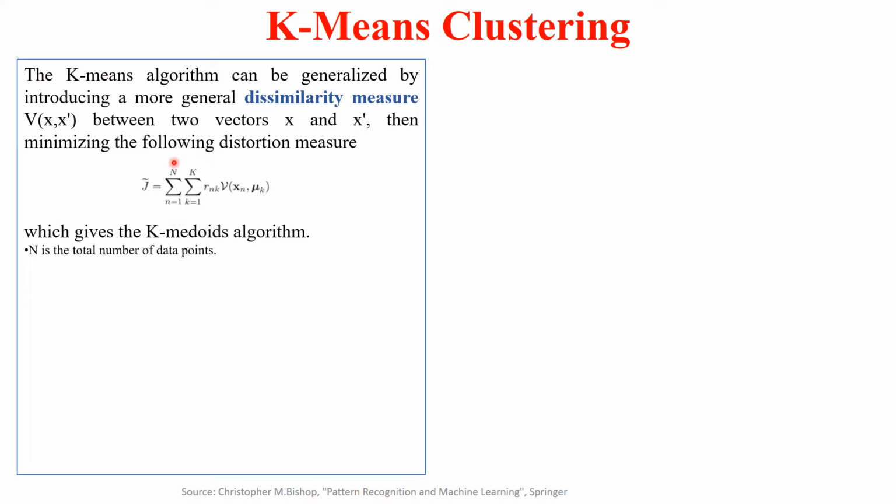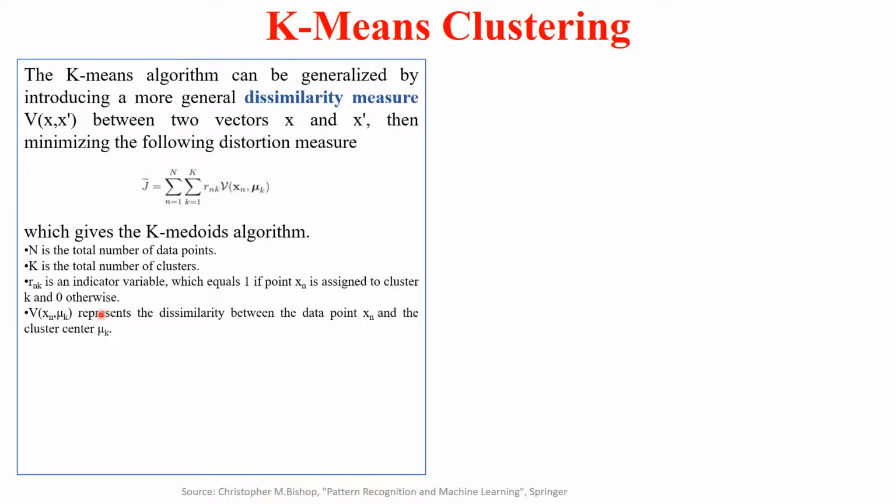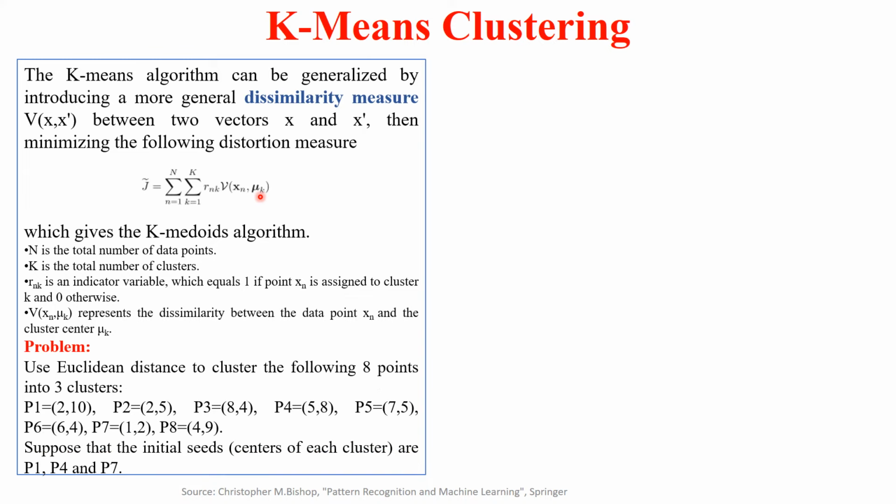Here, N is representing the total number of data points and K represents the total number of clusters. R suffix nk is a variable which is equal to 1 in case xn is assigned to cluster k and 0 otherwise. V of xn comma mu k is representing the dissimilarity measure between this data point xn and the cluster center mu k.